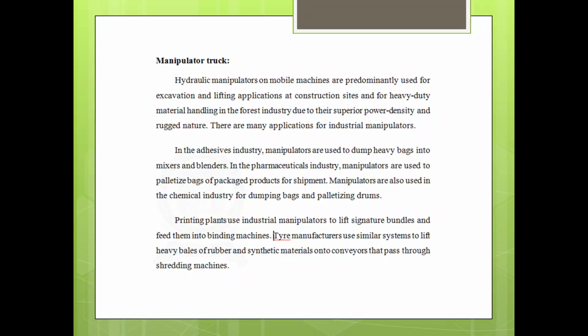In the pharmaceutical industry, manipulators are used to palletize bags of packaged product for shipment. Manipulators are also used in the chemical industry for dumping bags and piloting drums. Printing uses industrial manipulators to lift signature bundles and then feed them into binding machines.